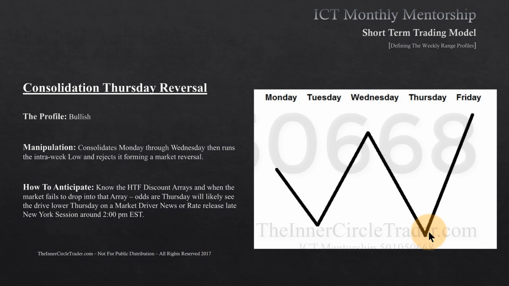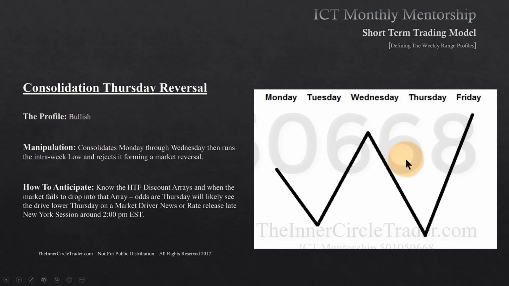And here's the amazing thing you need to take note of: if you can't clearly forecast a likely profile for the week, chances are you're not in high probability conditions. Wow. That means if you don't have a roadmap that clearly outlines, based on the economic calendar and the institutional order flow present at the time, because there are profiles. This profile is a bullish one. Well, what do you think the bearish one would be?